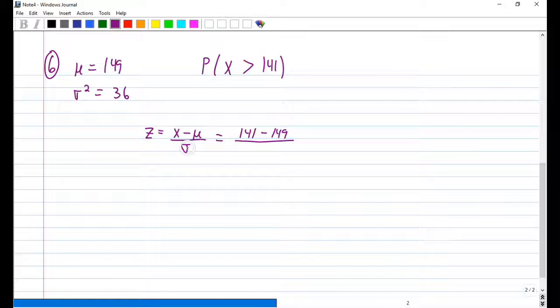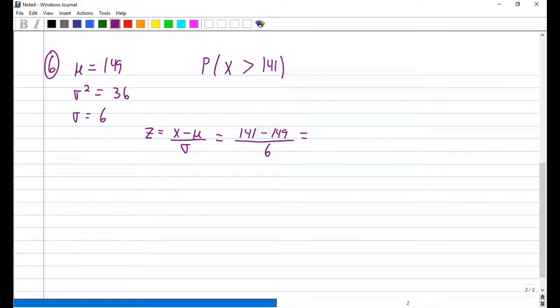Now sigma is the standard deviation. We weren't given the standard deviation, we were given the variance. So we need to take the square root of 36. We get 6 as the standard deviation. So we don't use the variance in any formulas. Anytime you're given a variance, just know you have to find the standard deviation by taking the square root of it.